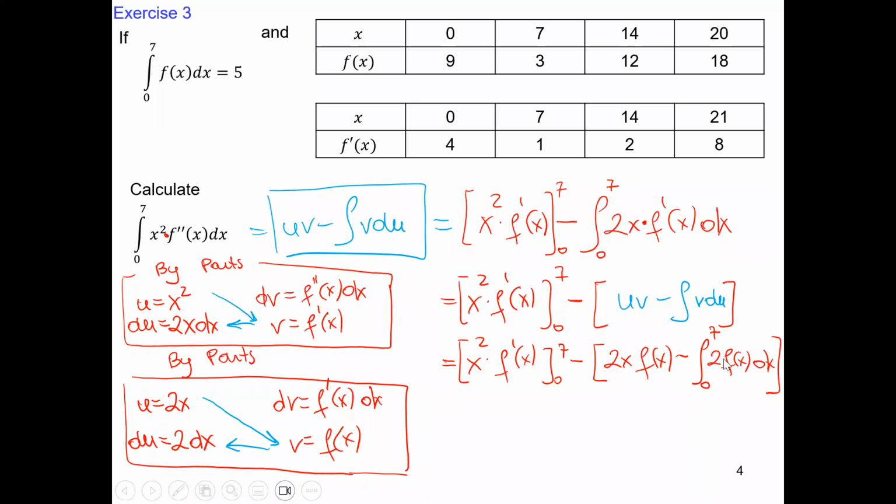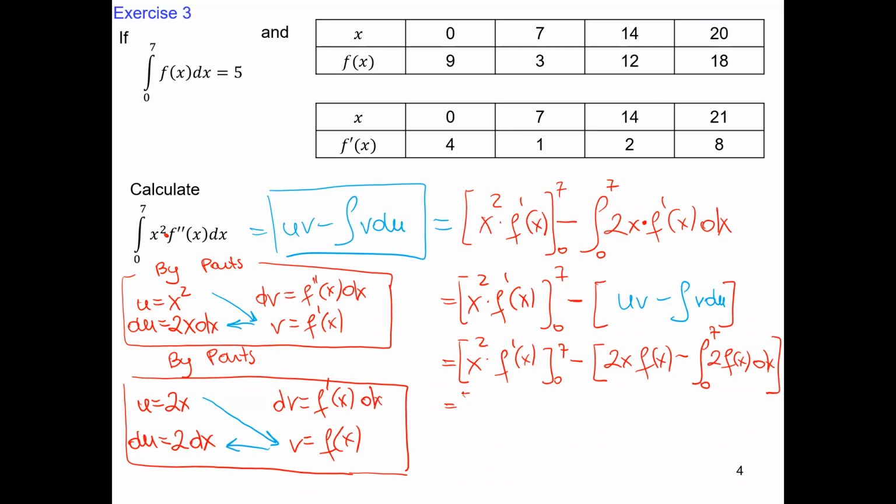But we can see now we will not know what this integral is, because we don't know the formula of the function, unless we do approximation using the Riemann sum. We don't have many data points between 0 and 7, we only have 0 and 7, but we know that value. This integral is 5, so we will use it.